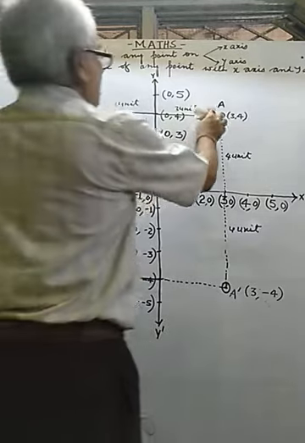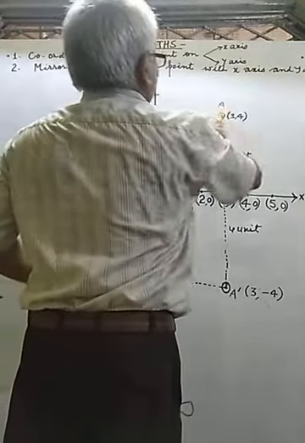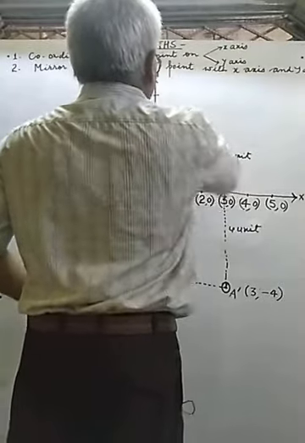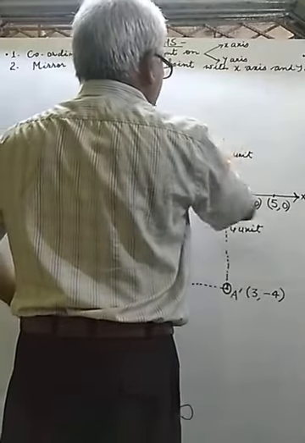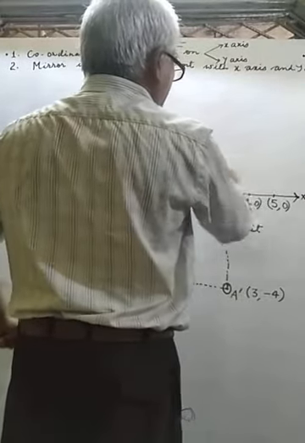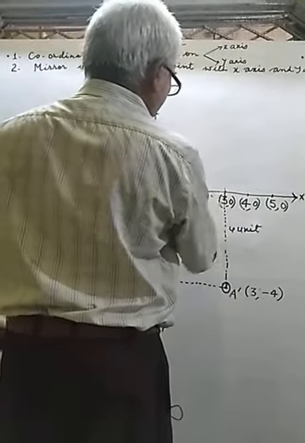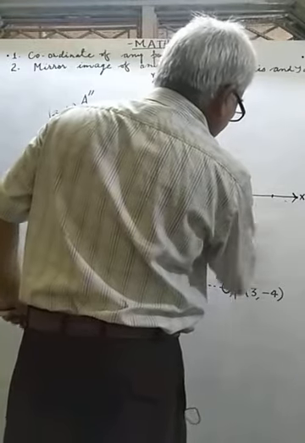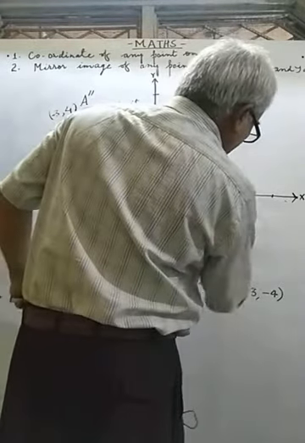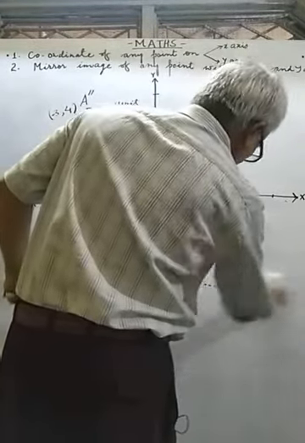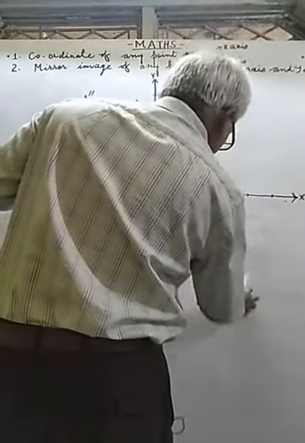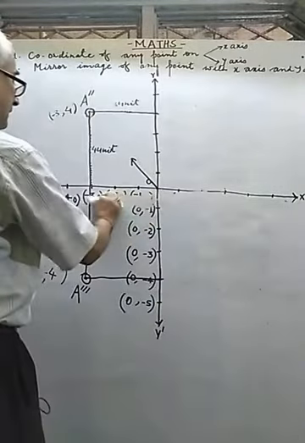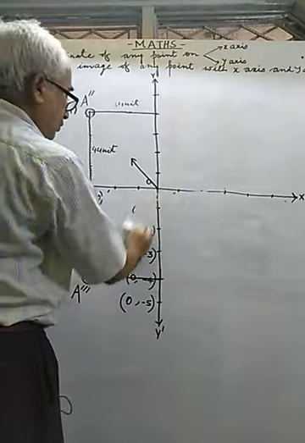You may observe here, some points may be taken and a figure will be obtained. Any 3 points can be taken anywhere in any quadrant, and by joining those we can find the area of that closed figure.